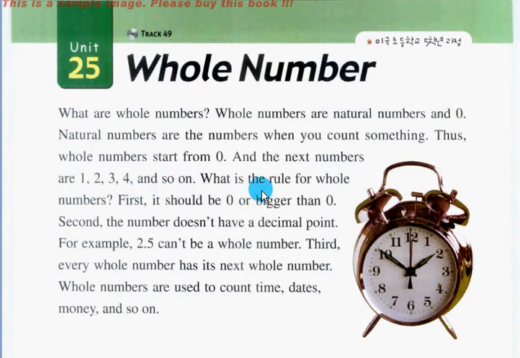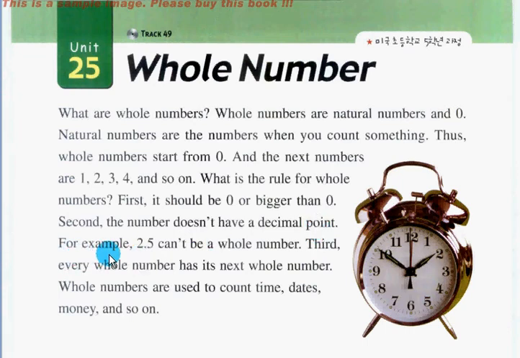What is the rule for whole numbers? First, it should be 0 or bigger than 0. Second, the number doesn't have a decimal point.